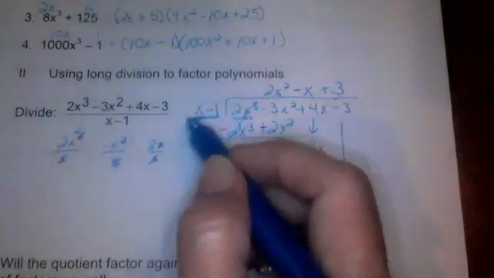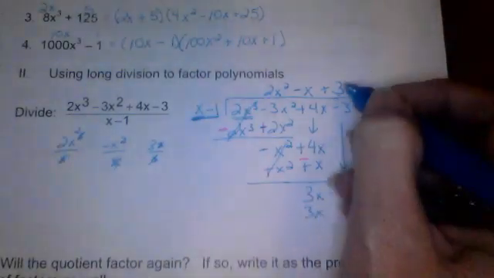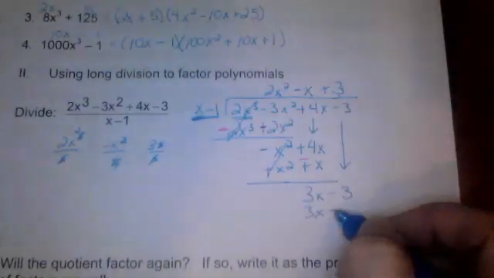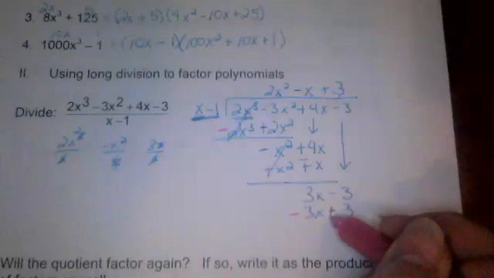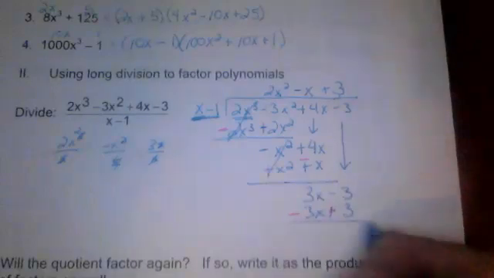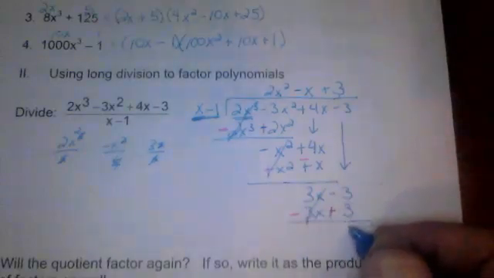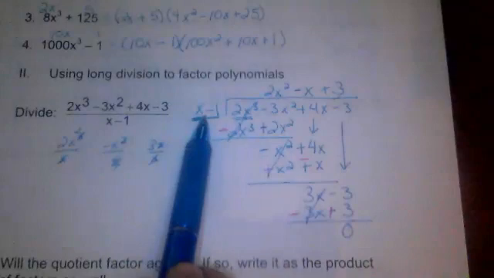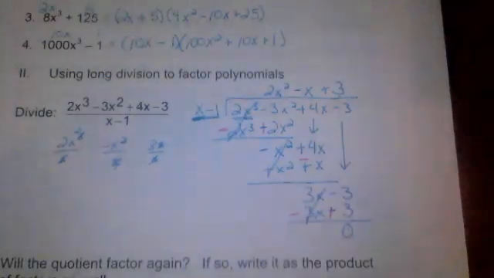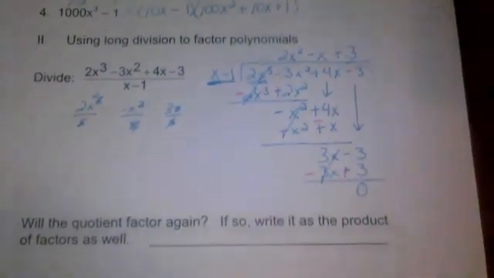So 3 times x is 3x. 3 times negative 1 is negative 3. And then we change the signs. And that is gone, and we have nothing left, no remainder. So this was a factor of the original problem. So this is going to help give us solutions when we get to the point where we're looking for solutions.